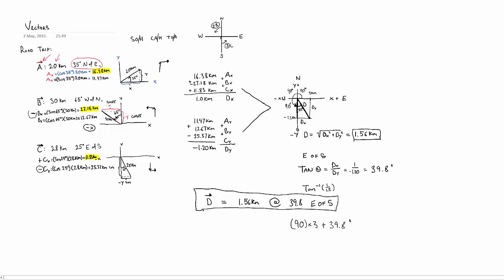Or, if you wanted to count your answer like this, you could take 90 minus 39.8 degrees. Look, this is 90. So that's it.